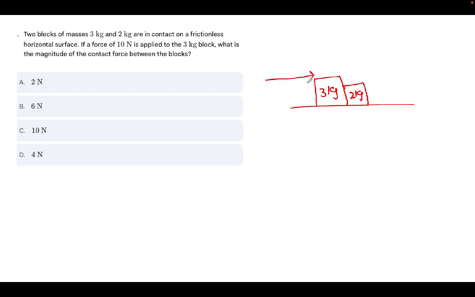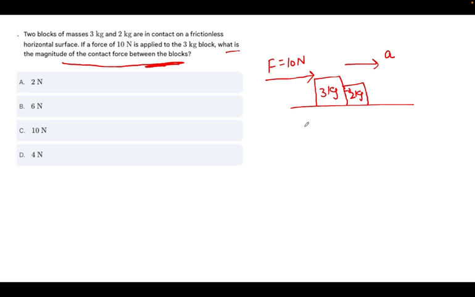We are applying a force of 10 Newton, and the blocks move with acceleration in the positive direction. What we have to calculate is the magnitude of the contact force between these two blocks. That is the normal reaction which is acting between these two blocks.